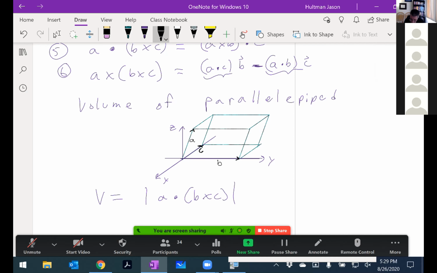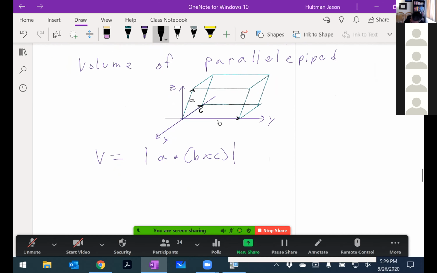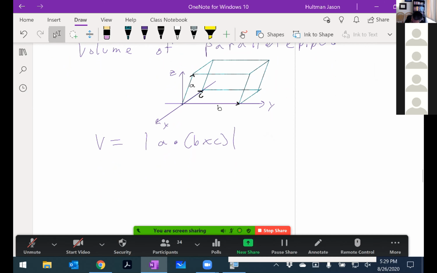Let's see why this is. Okay, let's look at our parallelepiped and see why this is. So what's the volume of a three-dimensional figure here? Well, when we think about a parallelogram, how do we find the area of a parallelogram?